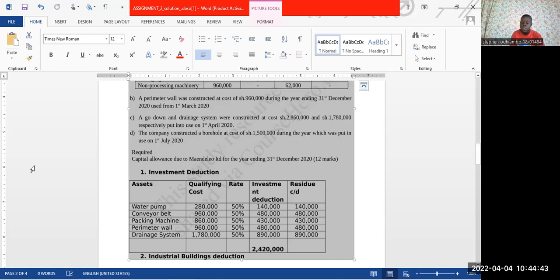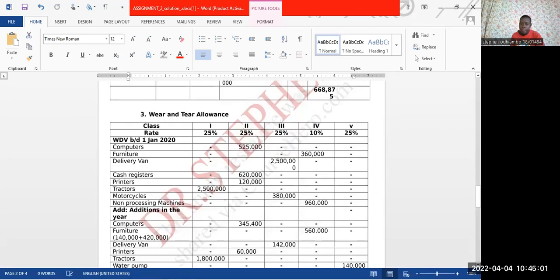You have March, April, May, June, July, August, September, October, November, December. 10. And that is why we are taking 10 over 12 times this amount, which is, this is it, it is here.